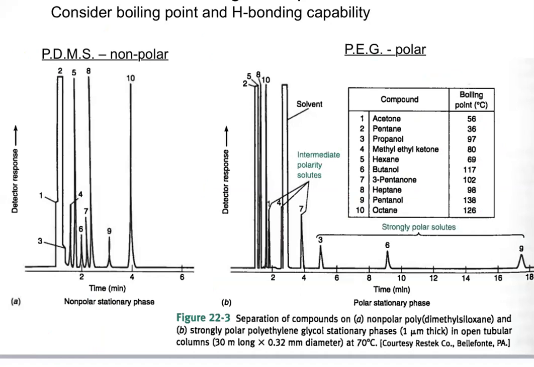Now, within this list, though, we see some compounds that are kind of out of order, like acetone, for instance. It's got a higher boiling point than pentane. That's a little confusing, right? Shouldn't acetone elute after pentane if there were no intermolecular forces at play? You might think that, right? But acetone has a C double bond O. A little bit more polar, so it's got a little bit higher boiling point, okay?